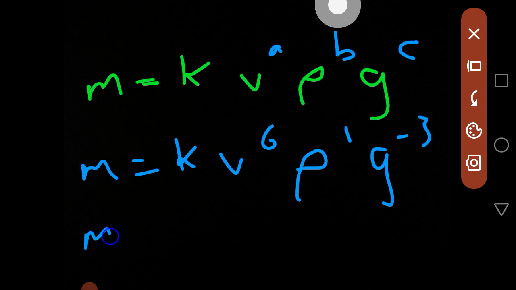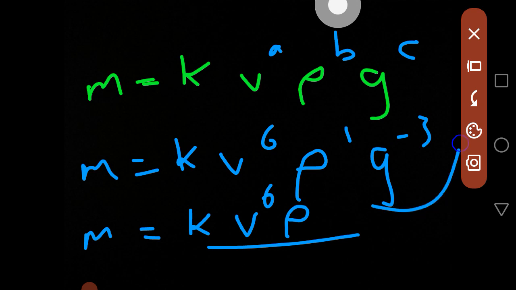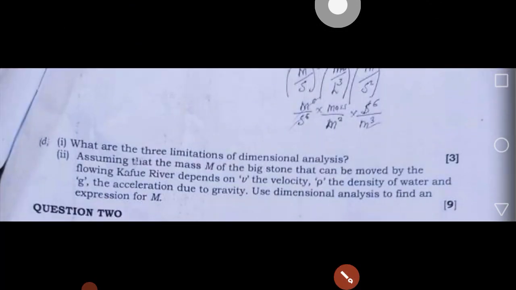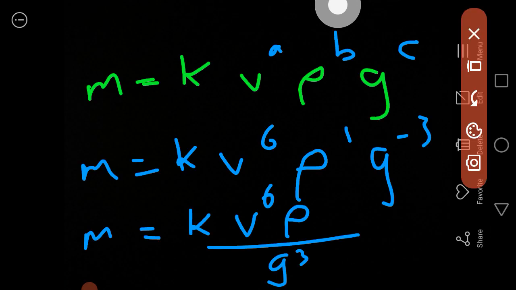So it's going to be M is equal to K V to the power 6, and then changing this to a positive power is going to just be this. Meaning this is my expression for mass given those conditions. So then that's your 9 marks there. Pretty neat, huh? Yeah.